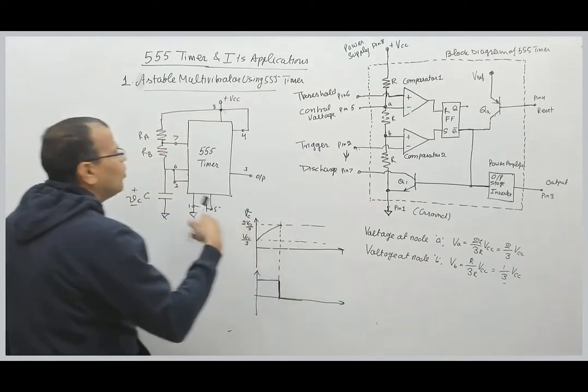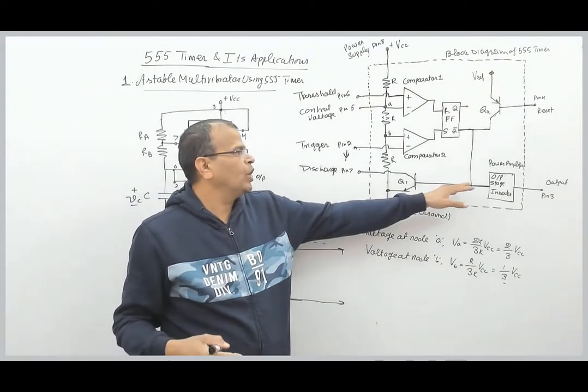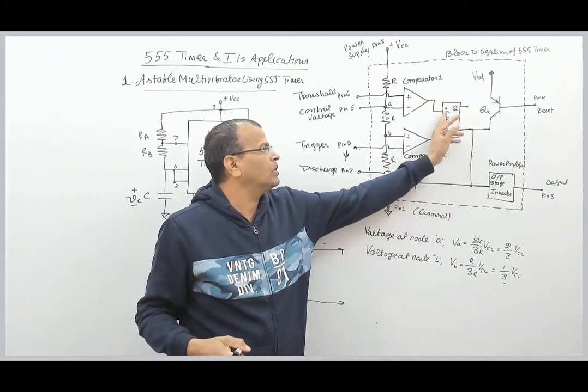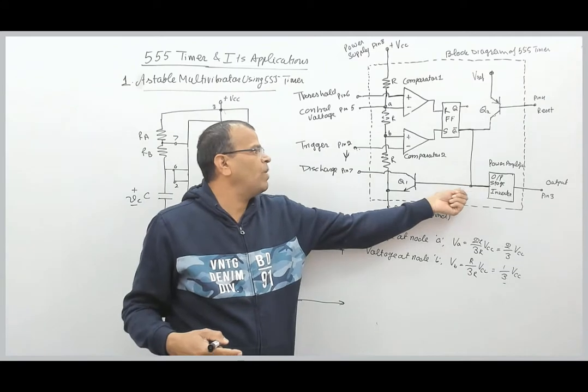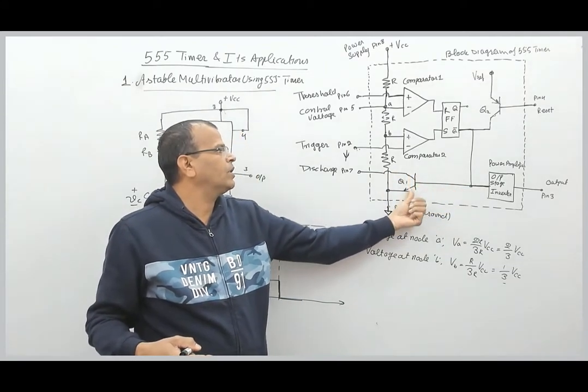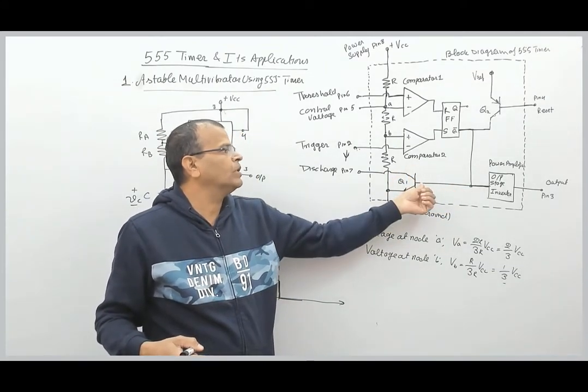And the moment output becomes low, reset was high, Q bar is high. The moment Q bar is high, this transistor Q1 is saturated.